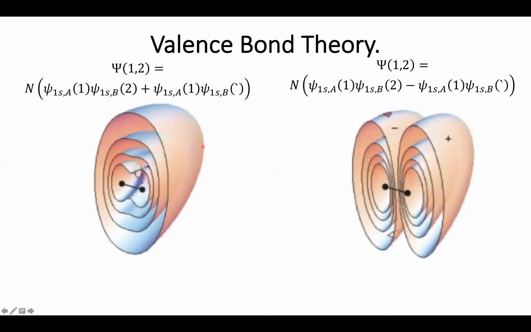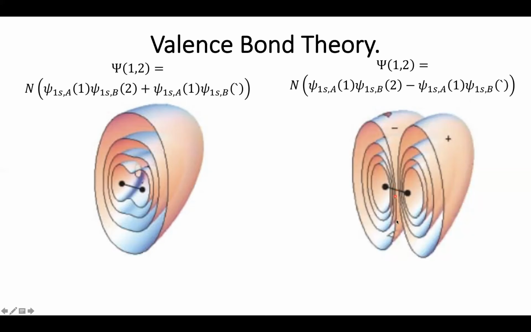We can also look at this in the asymmetric fashion. Because I'm taking the difference, what ends up happening is I have a positive wave function on one side and a negative wave function on the other. Now, the most important take-home part of this is that what it generates is in the middle a node where my wave function is equal to 0, which means my probability at this point is also 0.